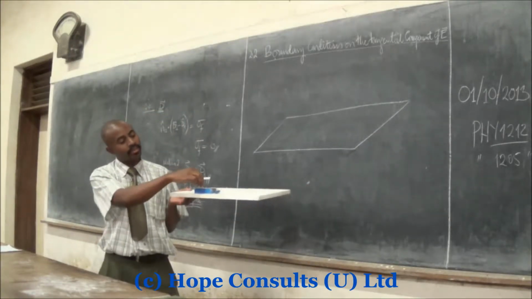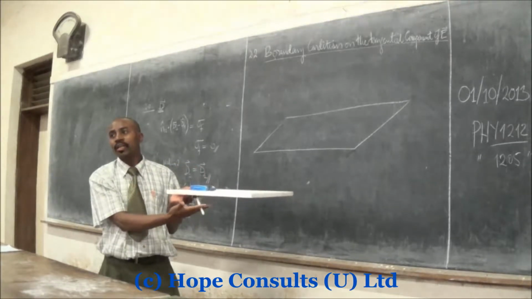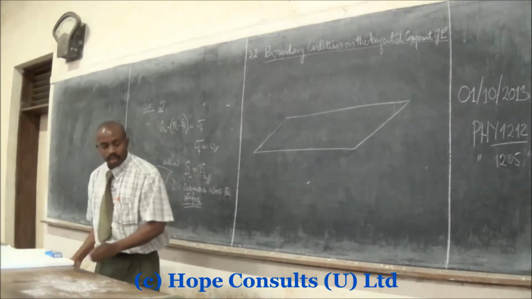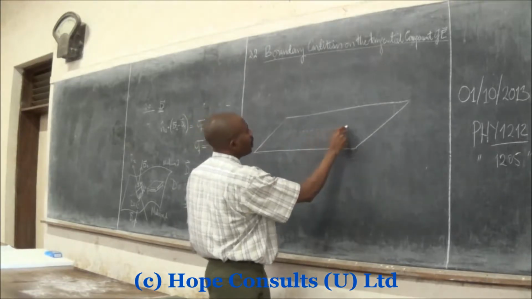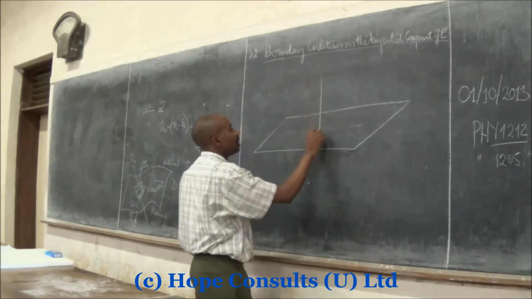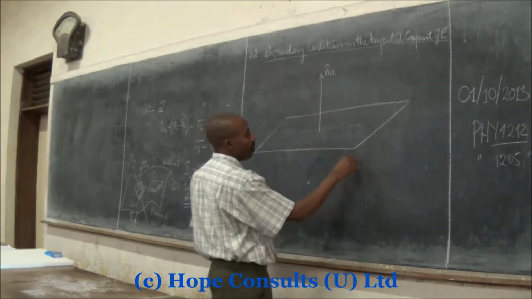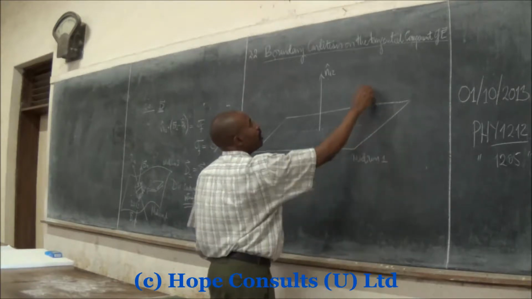And take this part here as the normal from medium 1 to medium 2. So I will use these dotted lines to show, so this will be my N1,2, that is from medium 1 to medium 2.